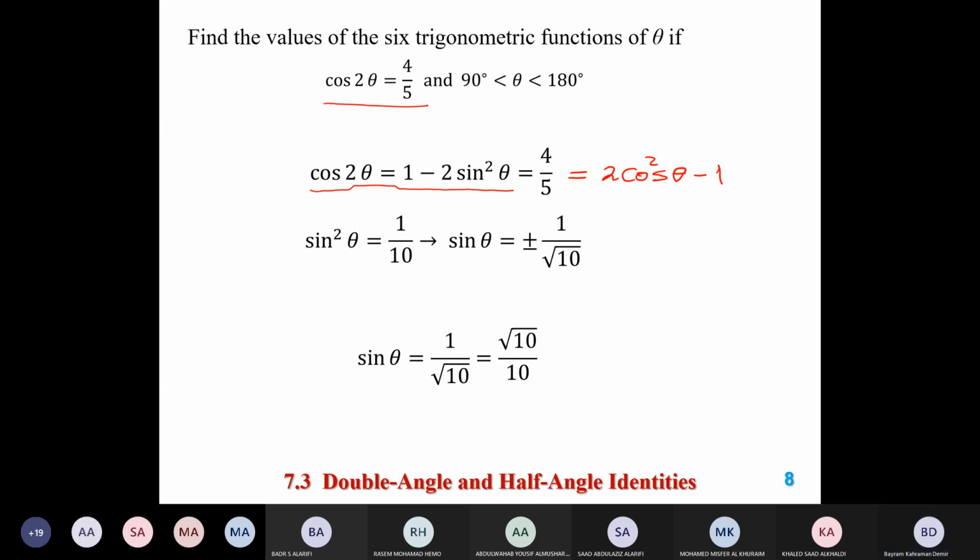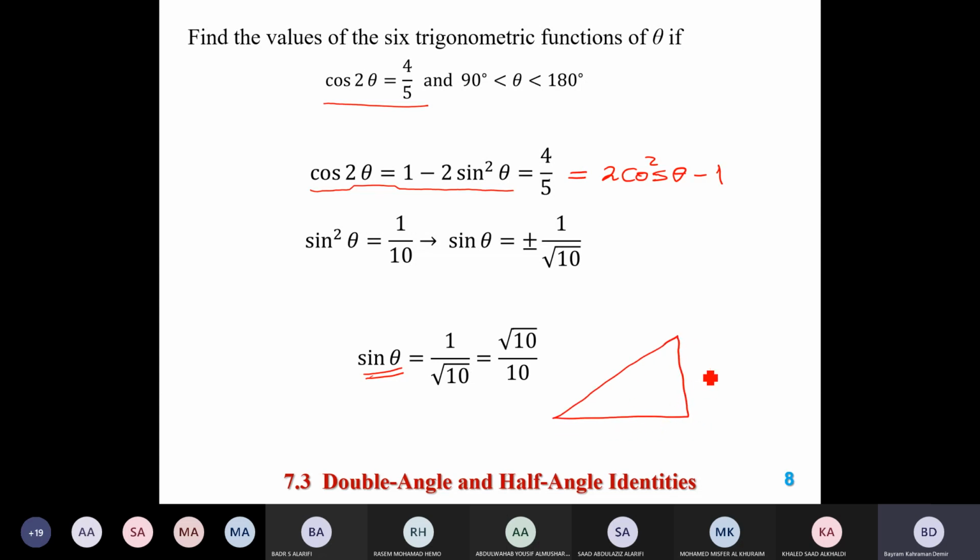So now you can solve it for cosine square and then find the value of cosine theta. Or since you already solved for sine theta, I can just sketch a triangle easily.